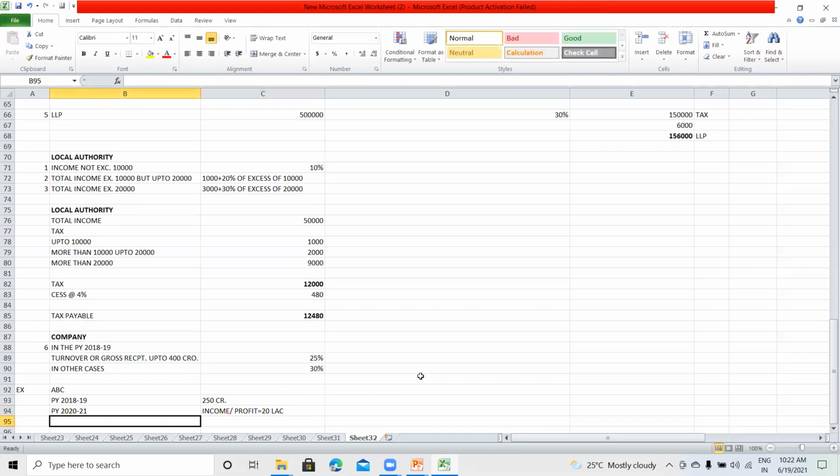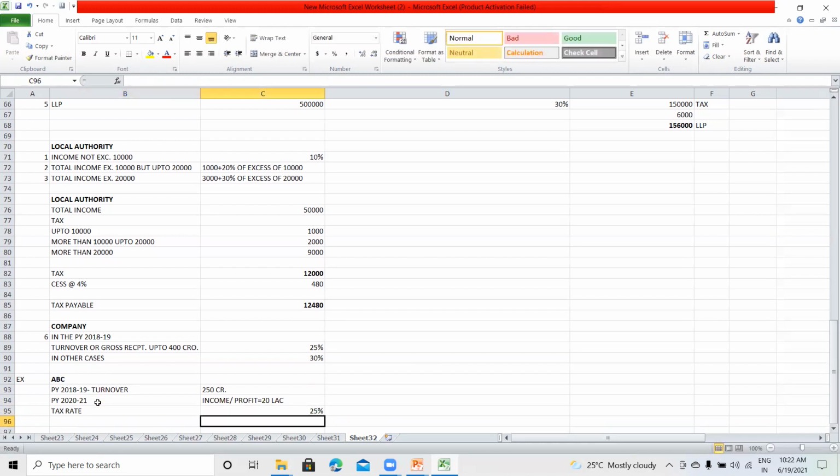So as per the provision, if in the previous year 2018-19 the turnover is up to 400 crore, then the tax rate will be 25%. So in this year, the income will be taxable at 25%.